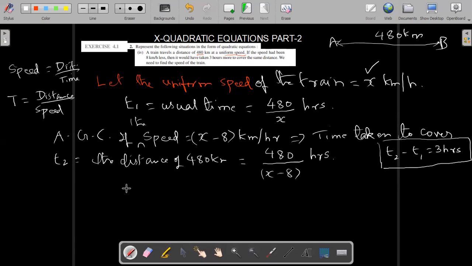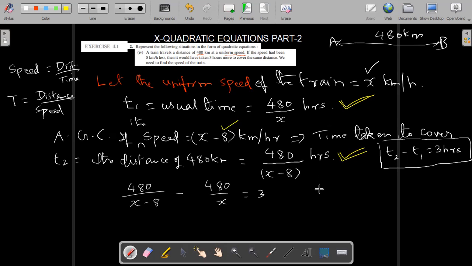Just substitute the values. T2 is 480 divided by x minus 8, minus 480 divided by x, is equal to 3. In both cases, we find the time taken by the train when it goes with the usual or uniform speed, and the time taken when it goes with 8 kilometers less speed.